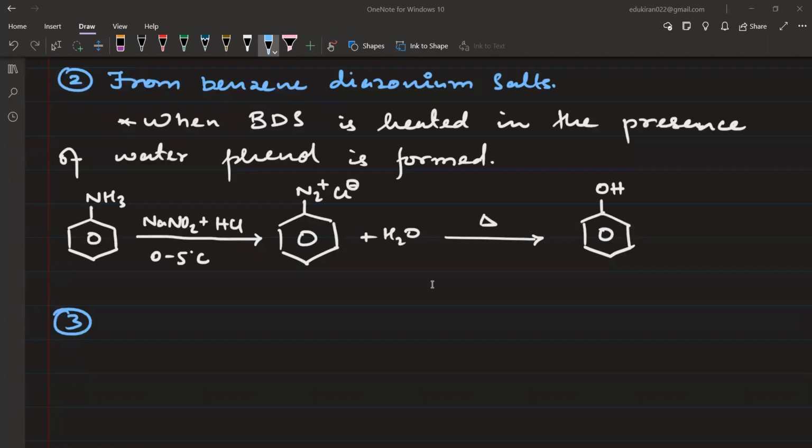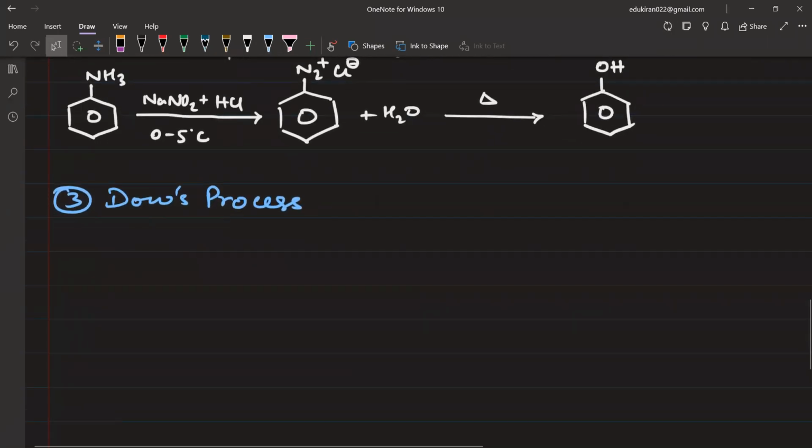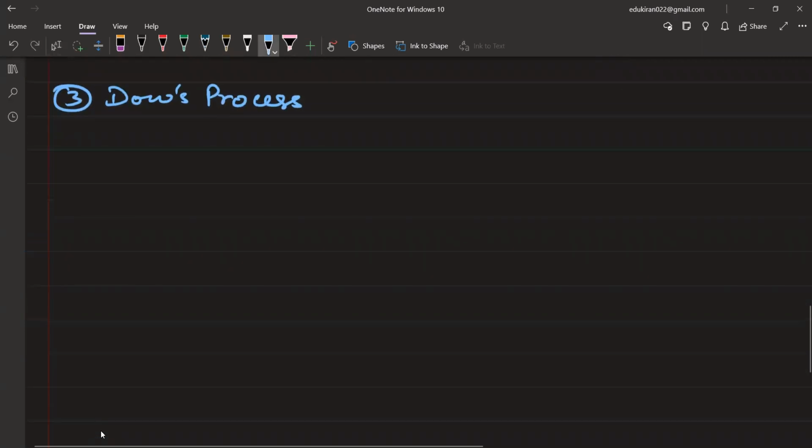Okay, so write the third one, Dow's process. This Dow's process was discovered, or invented, we can say anything. It was started by the Dow company, a multi-billion dollar company that deals with special chemicals, and they had a process which you have already seen in the haloalkane haloarene chapter. In this, we use chlorobenzene.